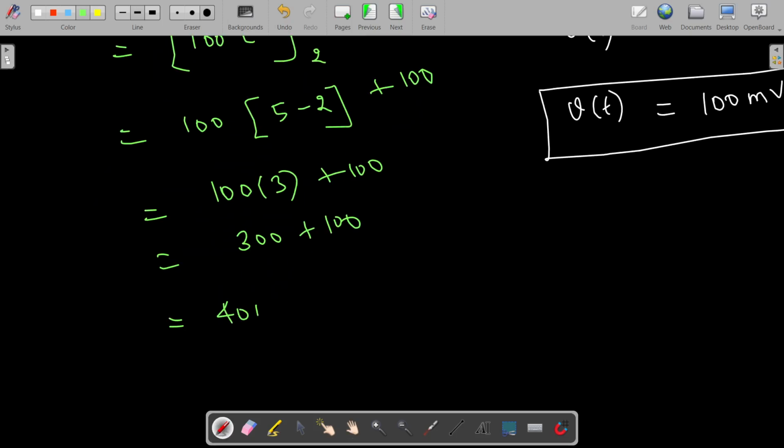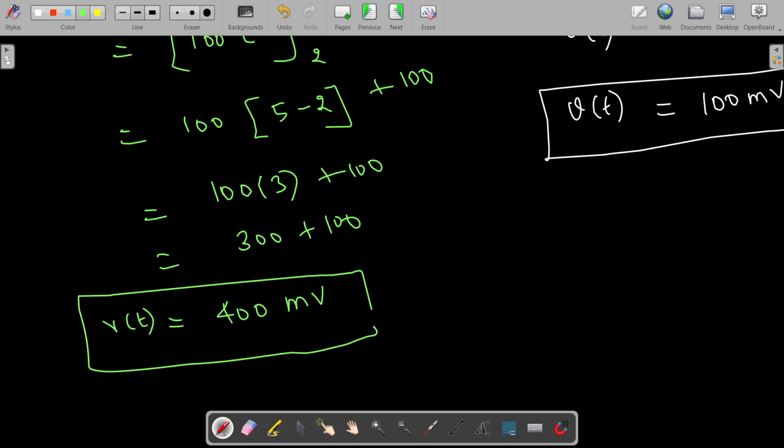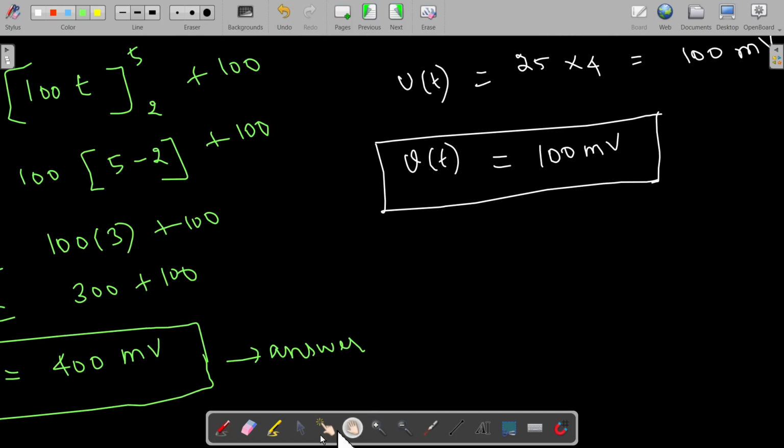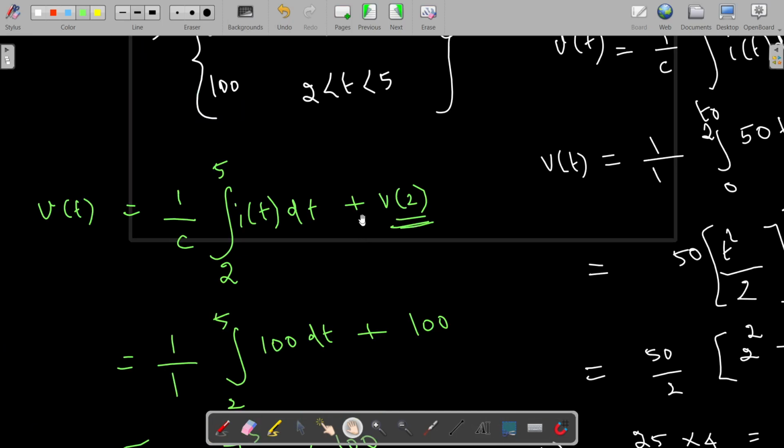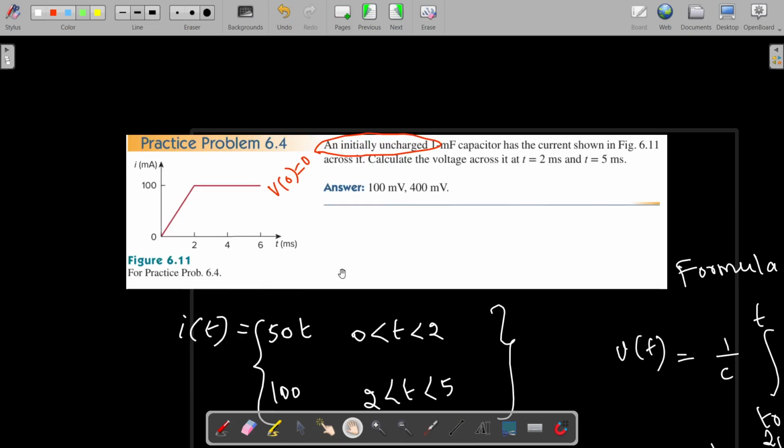I have already told you how to put the unit, so it is millivolts. So v of t for the second portion is 400 millivolts. For the first one, we got 100 millivolts, and for the second one, 400 millivolts. I hope you have understood. This is the answer for the first portion and this is the answer for the second portion. Thank you.